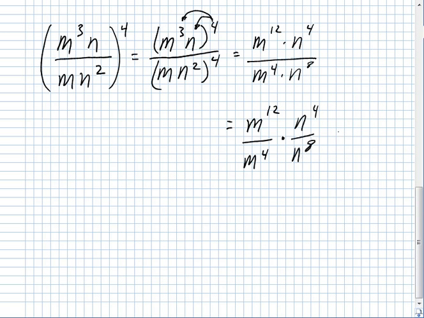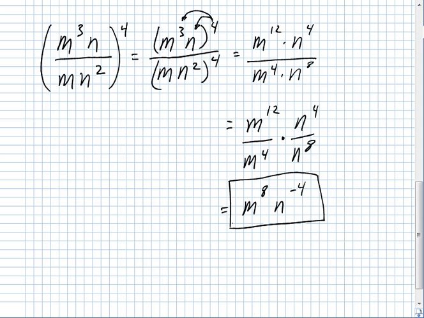And it means the same thing. I've just split it up into two different parts that I can handle. And now I can just use my division exponent law. 12 minus 4 is 8. And 4 minus 8 is negative 4. And so there's the answer you would get for that one there. I know that's a tricky one, but I just wanted to show that it is possible, even with scary looking ones. It doesn't change things. If you just take it step by step, it still works.